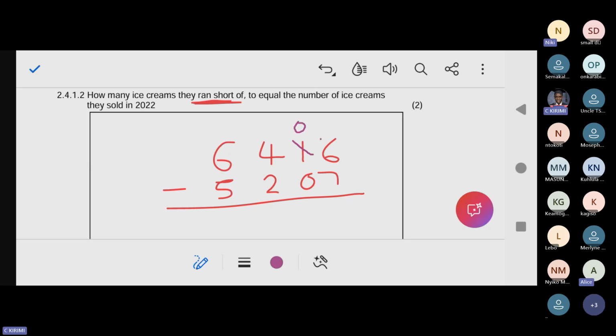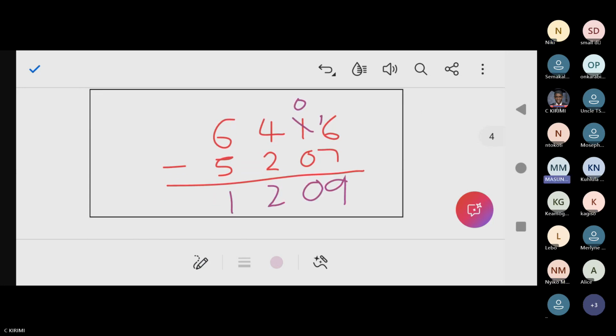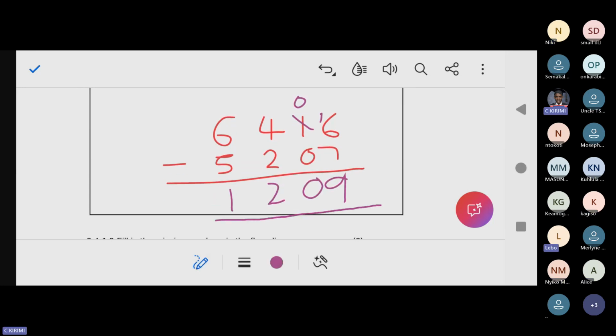Then the 6 becomes 16. 16 minus 7, that's 9. 0 minus 0, 0. 4 minus 2, 2. 6 minus 5, 1. So the answer is 1,209 ice creams, which they ran short. Yes.